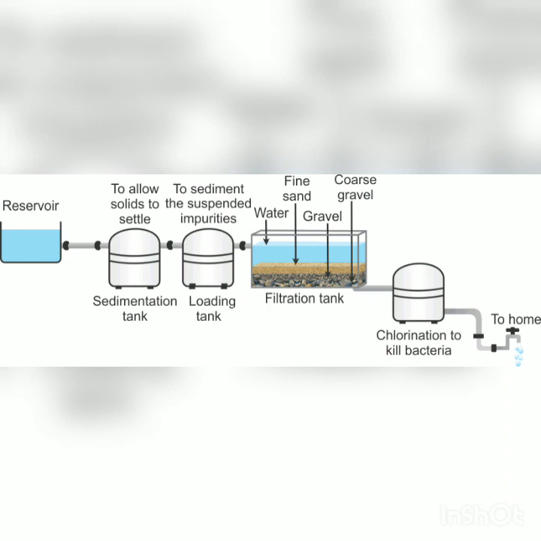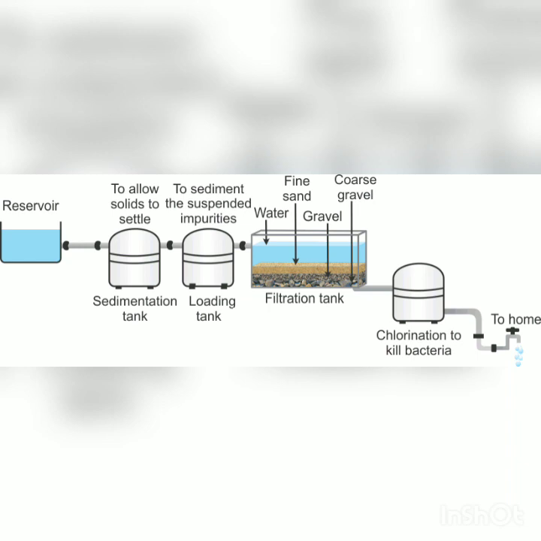In this loading tank, alum, which is also known as fitkari, is added. The main purpose of adding alum is to increase the sedimentation rate. The insoluble suspended particles stick to the alum, become heavy, and settle down at the bottom. Afterwards, the water is passed through the filtration tank.